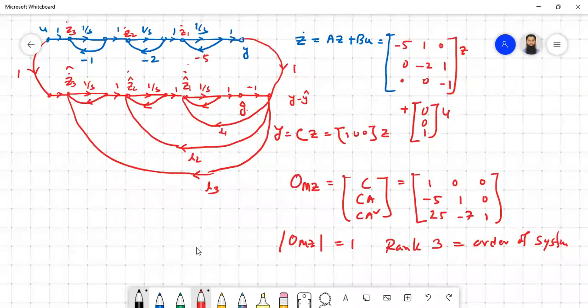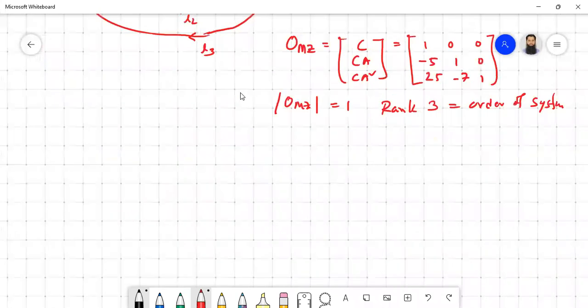Now, as the system is observable, we can proceed with the next design.